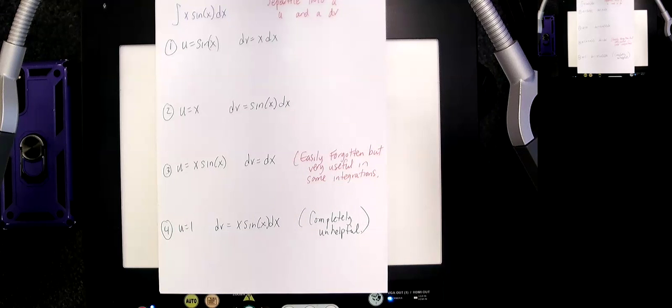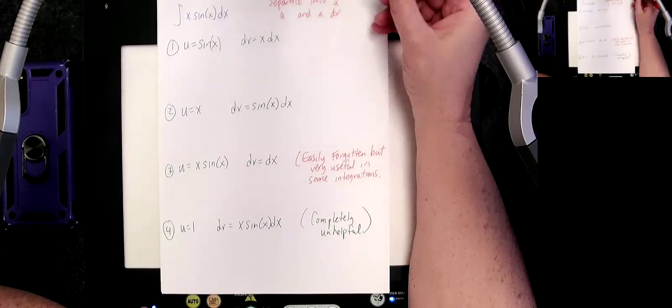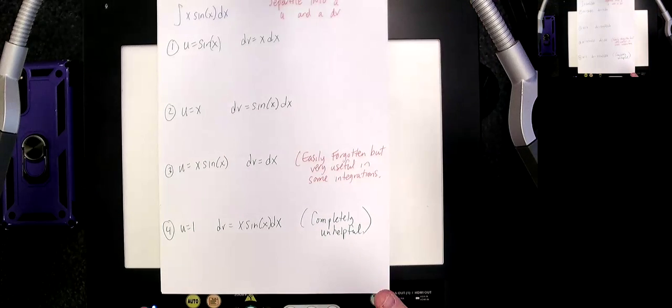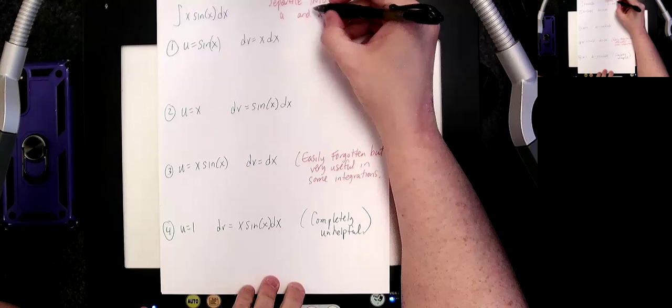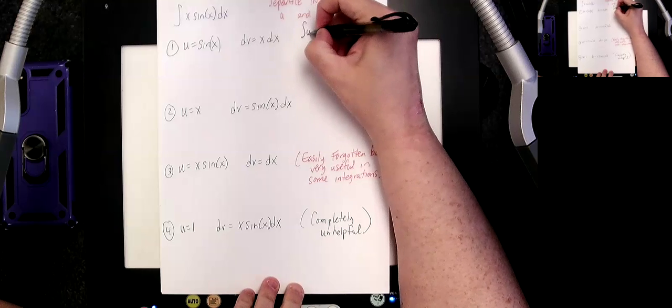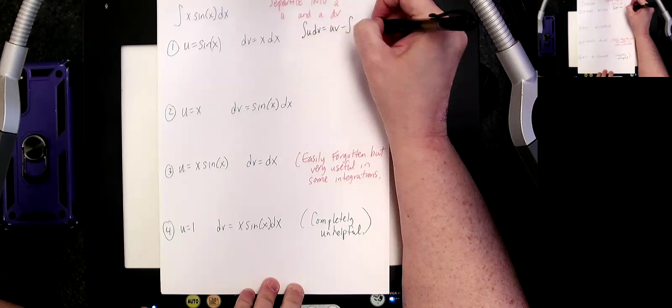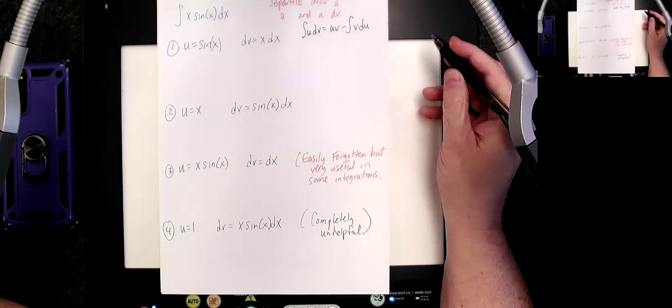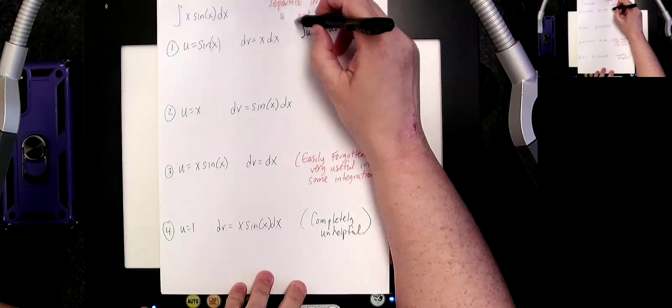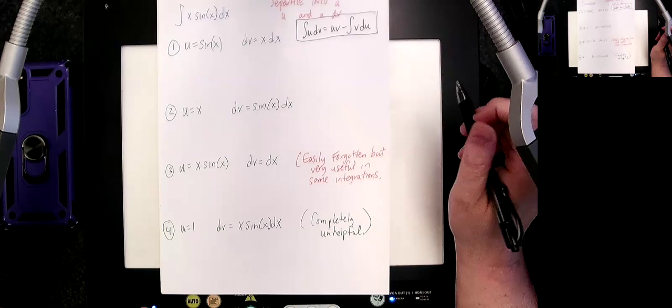But let's take a look at the 3 options that we have. And then we'll talk about how you pick which way is the best way to go. And as a reminder, let's put our formula at the top of the screen. We will do the integral of u dv equals uv minus the integral of v du. That's what we're working with. So we need those elements.